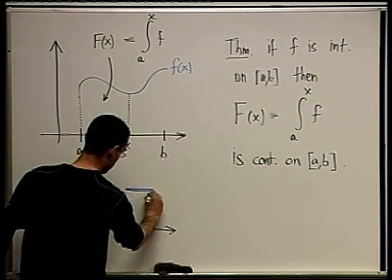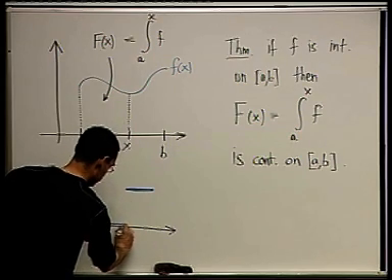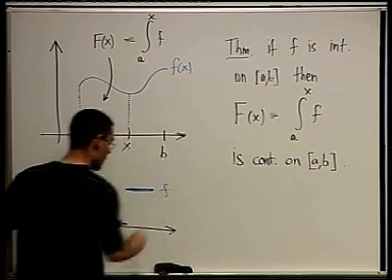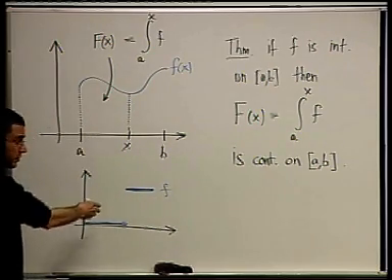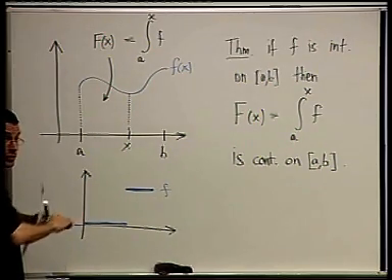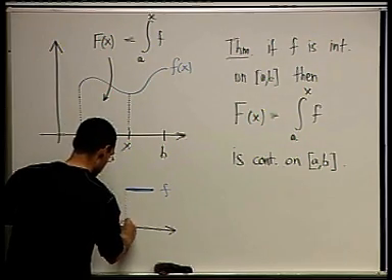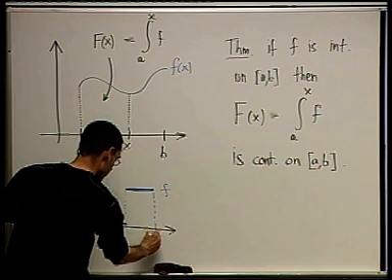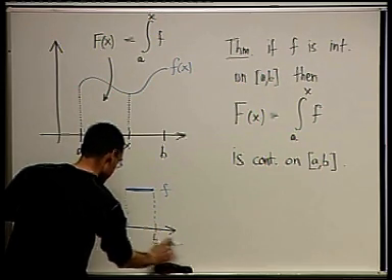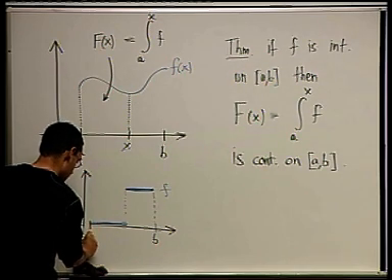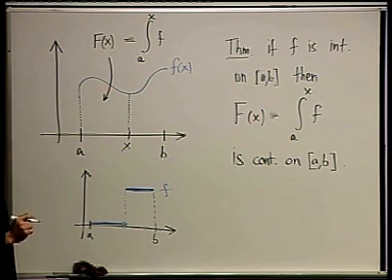What if this is little f? Do you agree that this is not a continuous function? This is our b, and this is our a. So little f is not a continuous function.